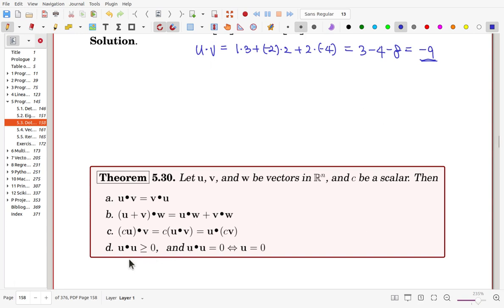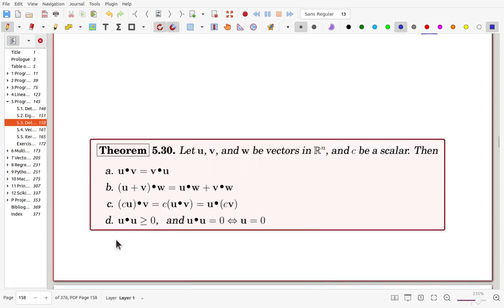And u dot u must be non-negative. Here we multiply corresponding entries. The first one, they are the same, u1, so it will be squared. From the second one, u2 squared, from the third one, and eventually the last one, so this addition must be non-negative, because each term is non-negative.